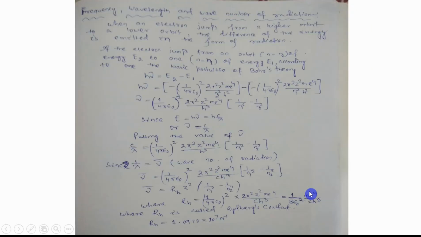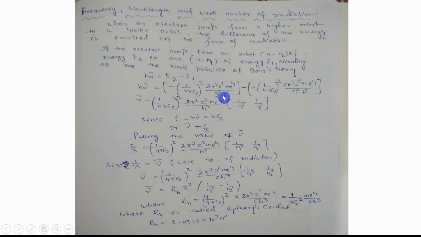You can also check here minus 1 by 8 epsilon naught square Z square m e fourth by n square h square, or minus half 1 by 4 pi epsilon naught Z e square. So putting the value like that: minus of 1 by 4 pi epsilon naught square 2 pi square Z square m e fourth by n2 square h square, minus of minus 1 by 4 pi epsilon naught square 2 pi square Z square m e fourth by n1 square h square.